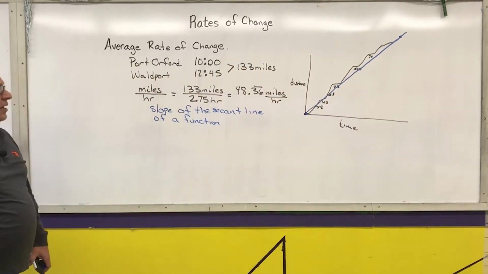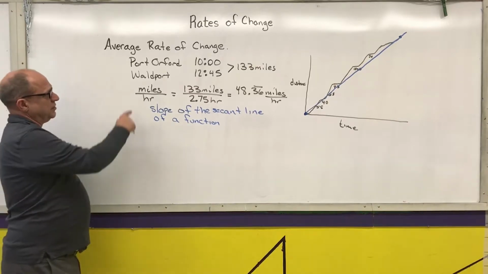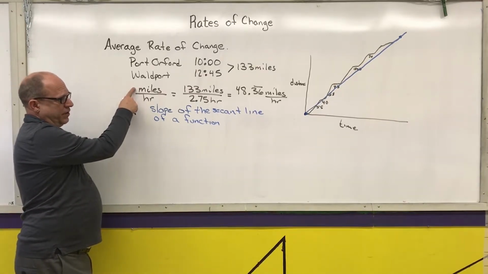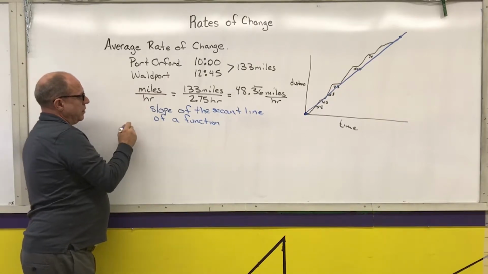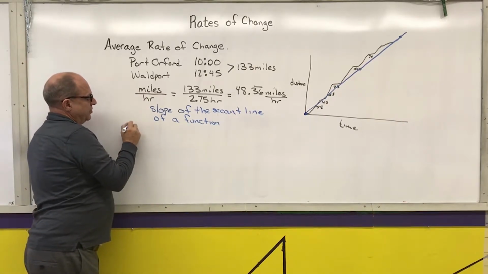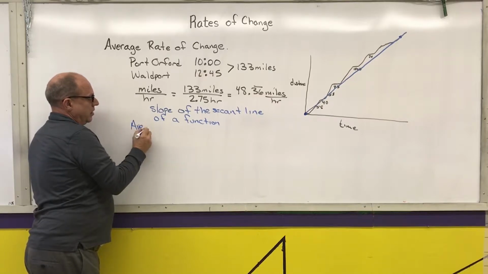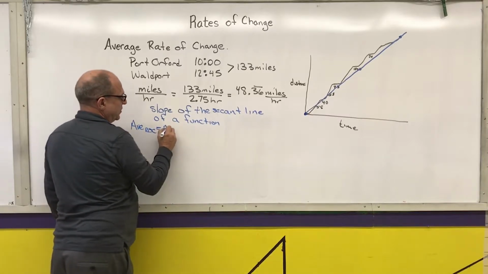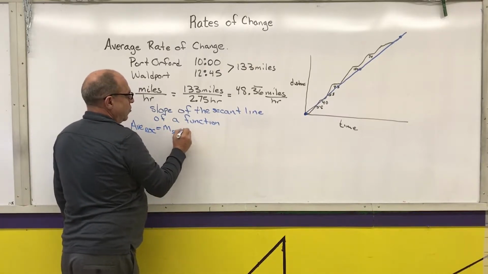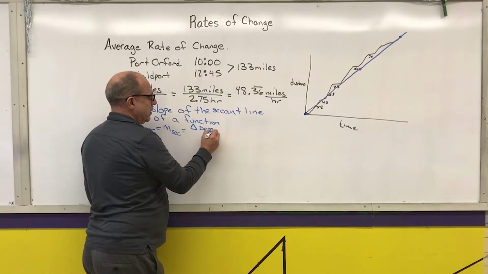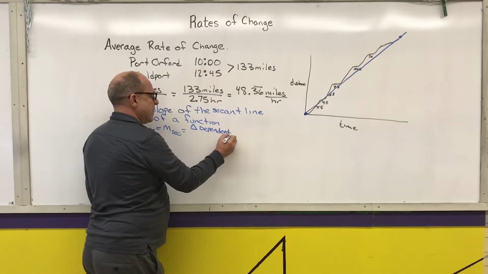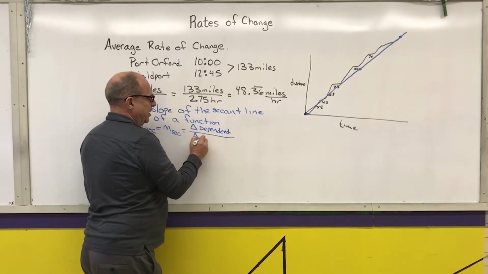The equation that I can use for the average rate of change is the change of the dependent variable over the change in the independent variable. So average rate of change, ROC, is equal to the slope of the secant line, which is equal to the change in the dependent variable over the change in the independent variable.